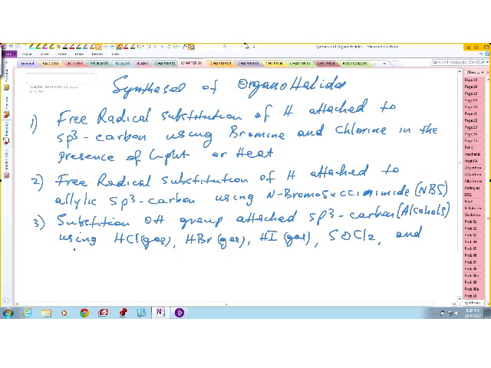SOCl2, we call thionyl chloride. Well, let me go ahead and write the names now.